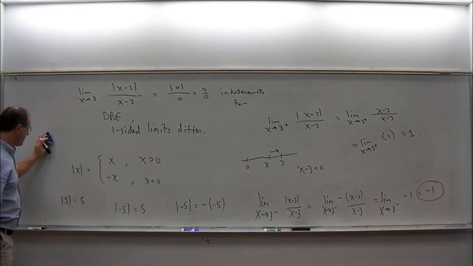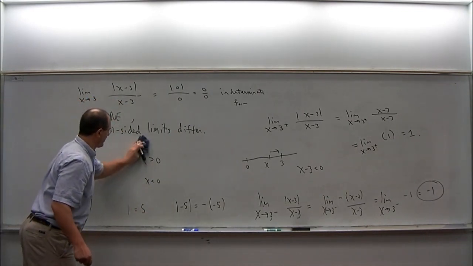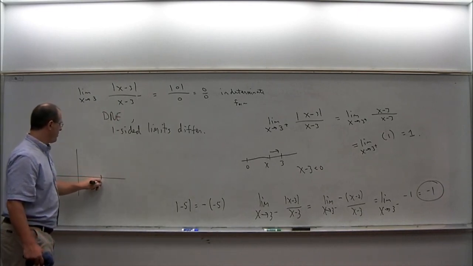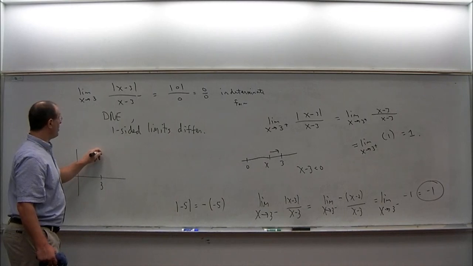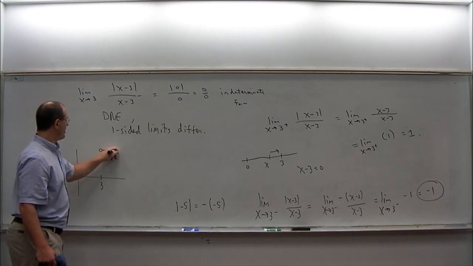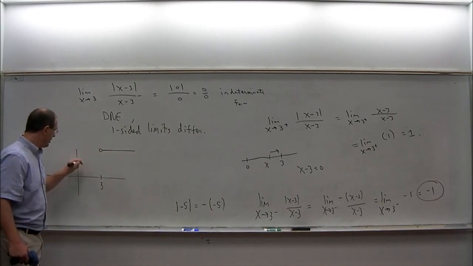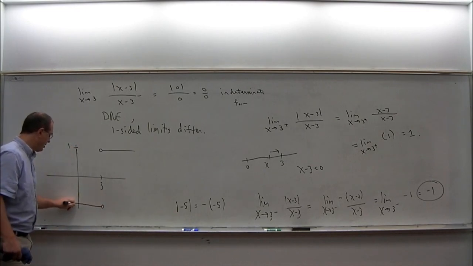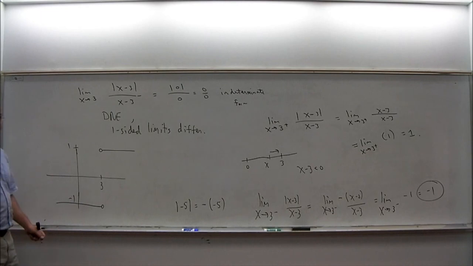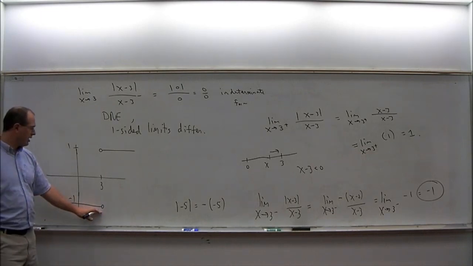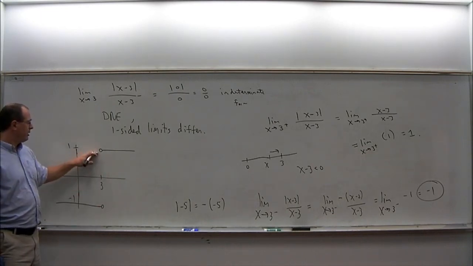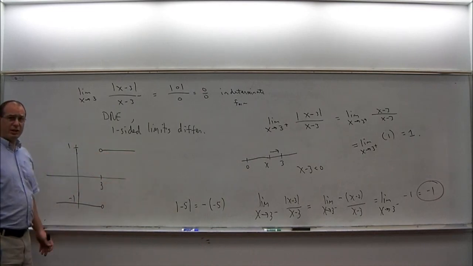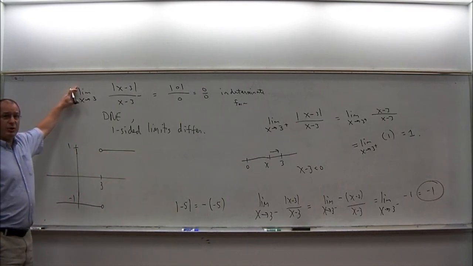The graph of this function, if x is bigger than 3, the graph has the height 1, and if x is less than 3, the graph has the height minus 1. So it's just a horizontal line, and then you have a jump discontinuity, and then you're back on the horizontal line again. That's what this graph looks like.